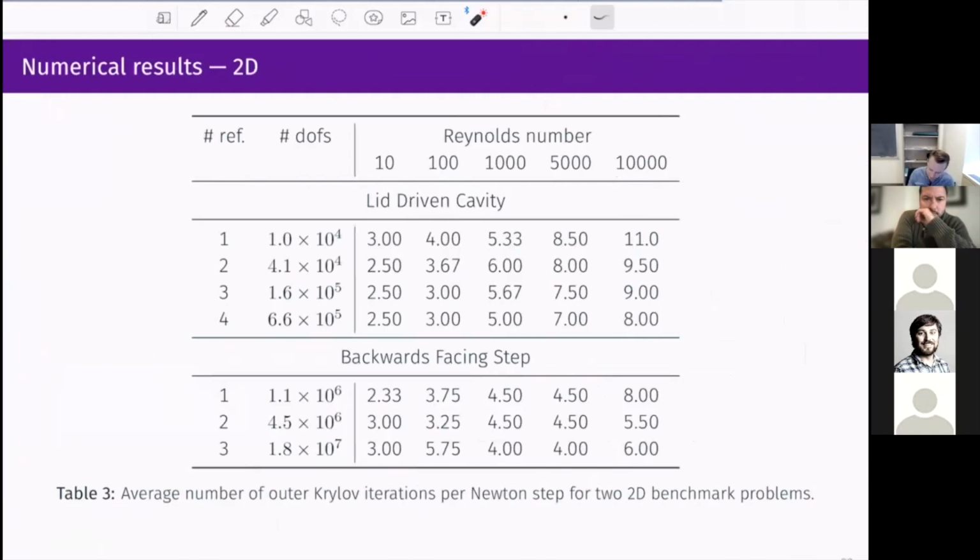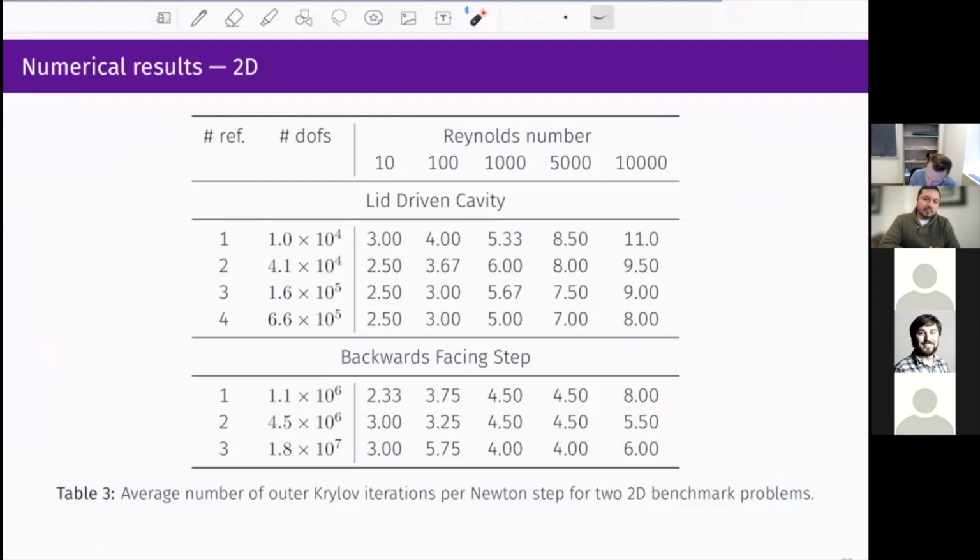And we look at Reynolds numbers ranging from 10 to 10,000. At Reynolds number 10,000, you're way beyond the point of stable, steady solutions. But for bifurcation diagrams, for example, it's still interesting to be able to compute these, even if they're not stable.